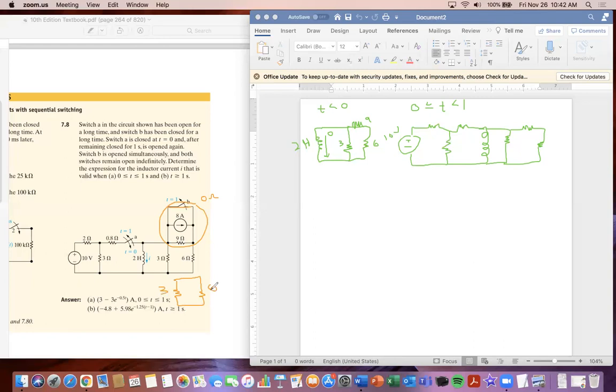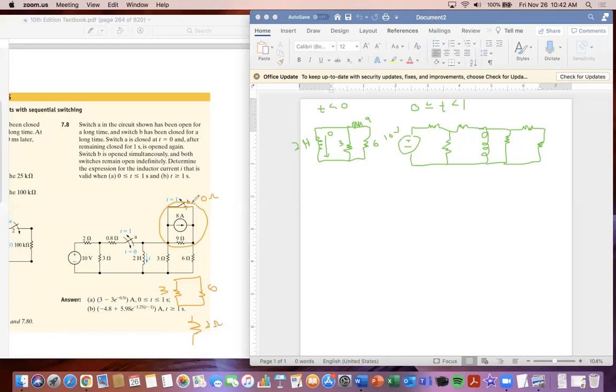That would then be the parallel combination of the 2. So 3 times 6 divided by 3 plus 6. And when I do that, okay, this would be 2 ohms here. And so our equivalent would be 2 ohms.